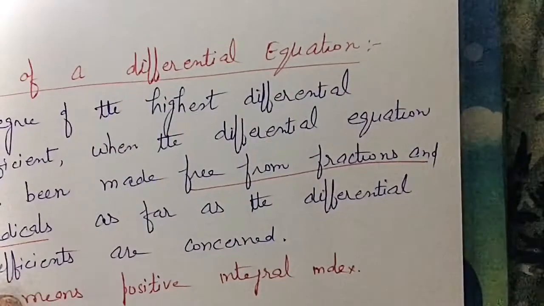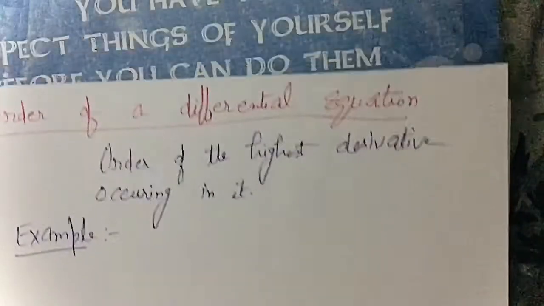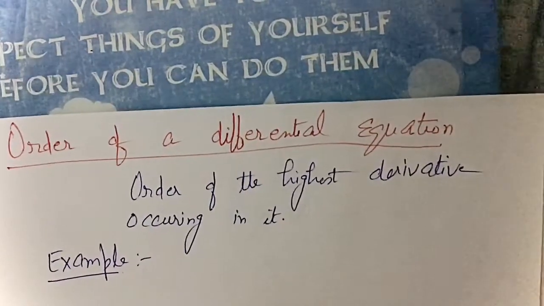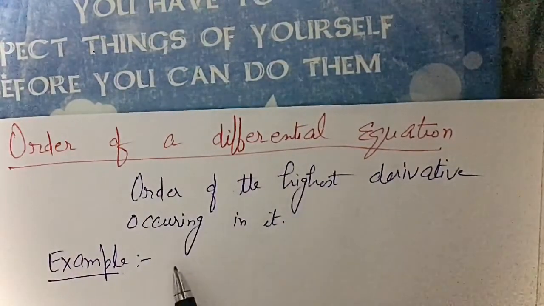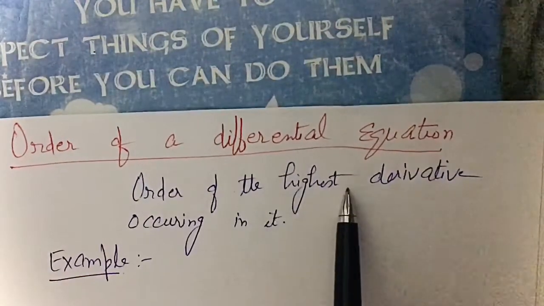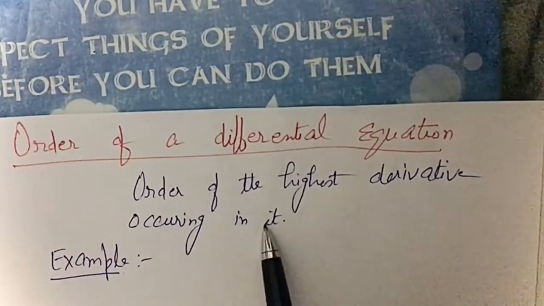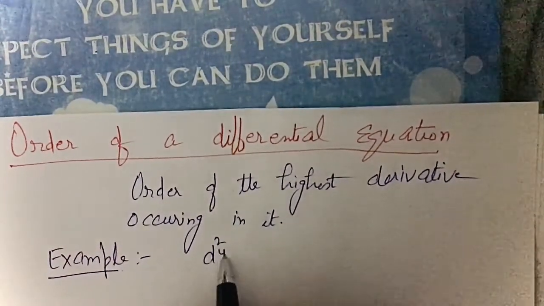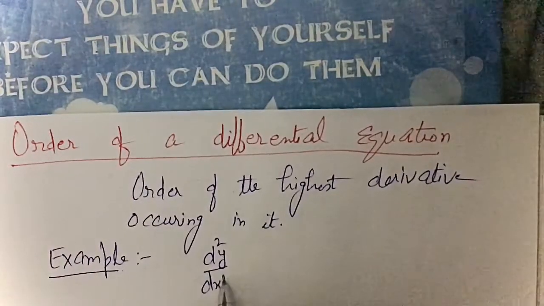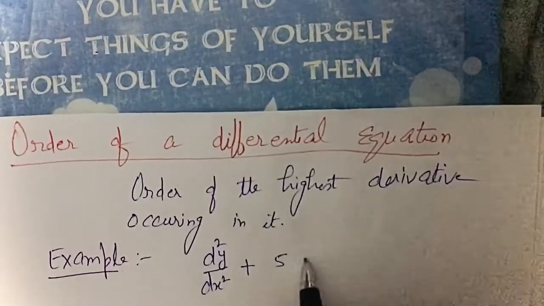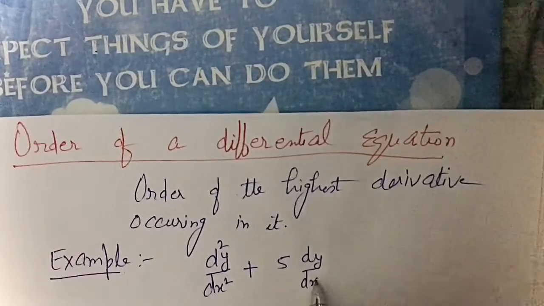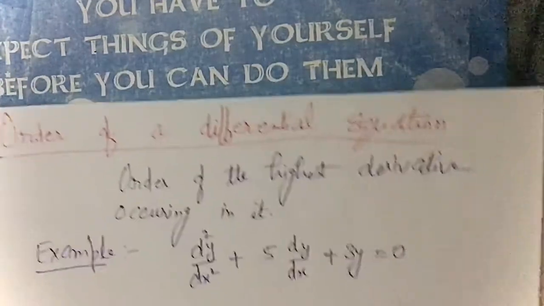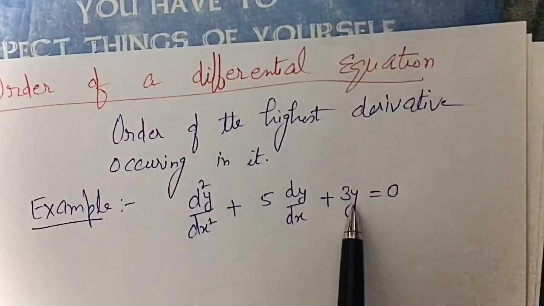Now we will discuss the order and degree of the differential equation. First is the order of a differential equation. Order of a differential equation is the order of the highest derivative occurring in the given differential equation. For example, in this differential equation we have three terms.